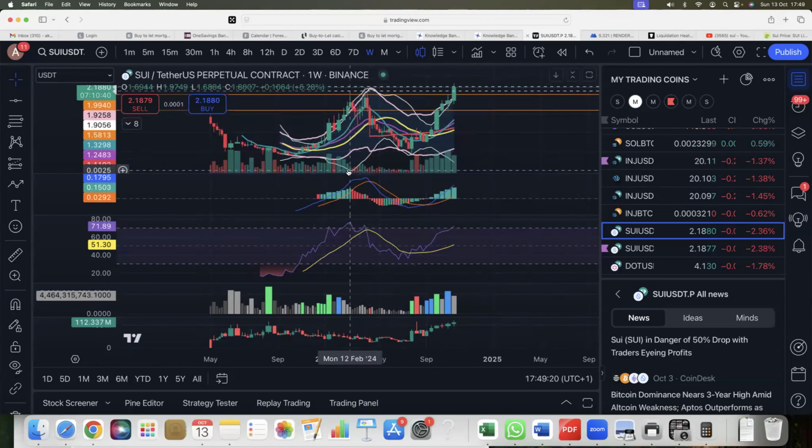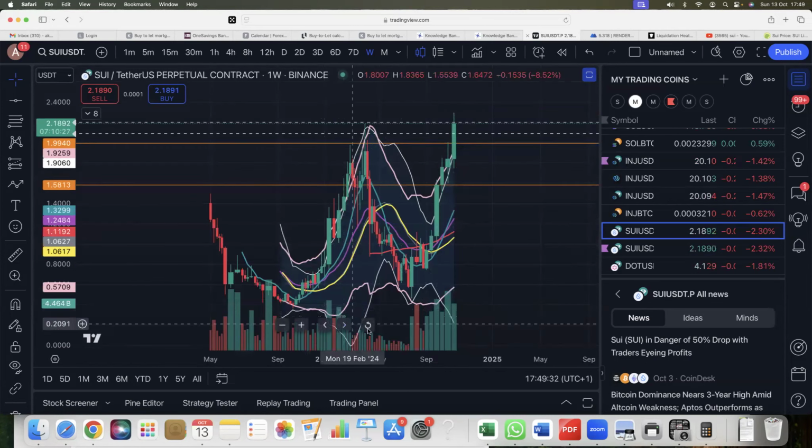That's exactly what happens. Look at this big pump, right? Huge pump, huge volume. And after that, yeah, price keeps going up, but look at the volume. You see the volume keeps drying out, drying out, drying out. But retail can't help themselves because they are being told it's going to go to $10 at this point.